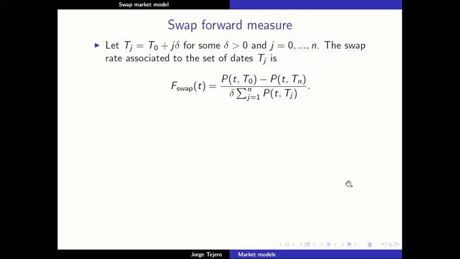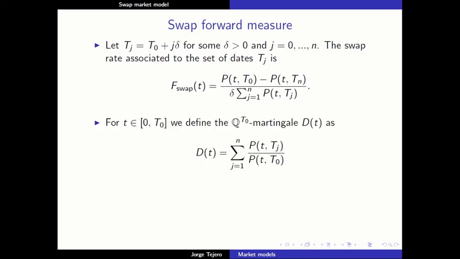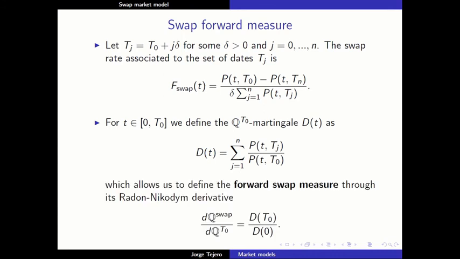Suppose that we have a grid of times denoted by T_j, which is spaced by some tenor delta which is greater than 0. The swap rate associated with this grid of dates is given by this expression. For some t between 0 and T_0, we define some T_0 martingale D_t using this expression over here. Using this martingale, we can define the forward swap measure through its Radon-Nikodym derivative.